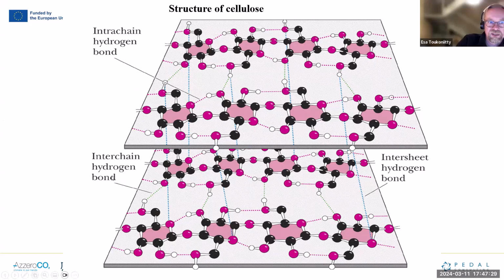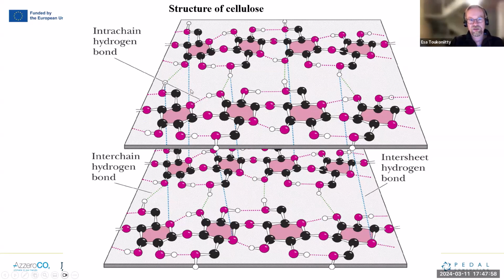So here are these interchain and intrachain bonds. These two neighboring monomer units can be held together slightly at least by hydrogen bonds. There is a hydrogen bond marked with these dotted lines.